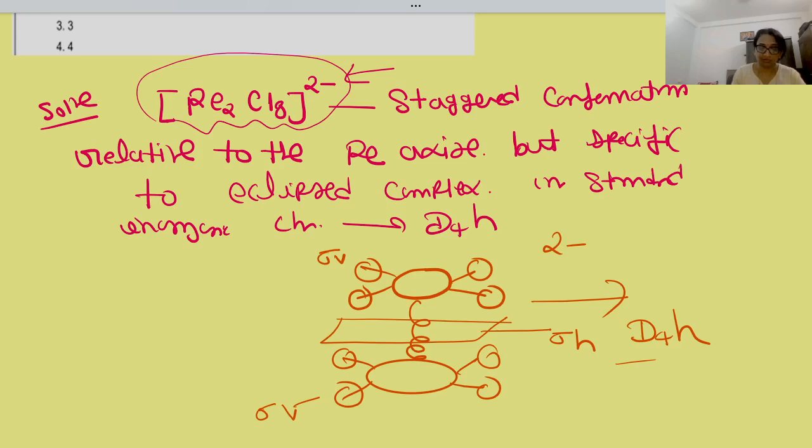In the staggered condition, they rotate by a 45-degree angle, and due to this 45-degree rotation the delta bond will break. So we will get the D4h point group for this.